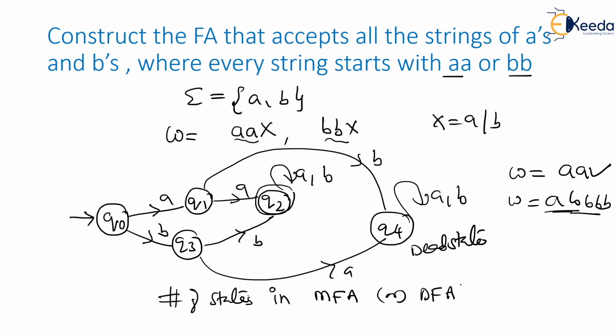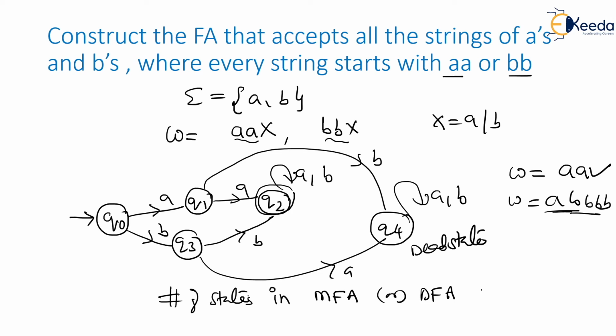Sometimes, for a given language, if we construct a DFA, some states may be equal, some may be unreachable. After elimination of equal states and unreachable states, the resultant DFA is called a minimal FA. In this case, no further reduction is needed. That is why the number of states in DFA or minimal FA is the same.